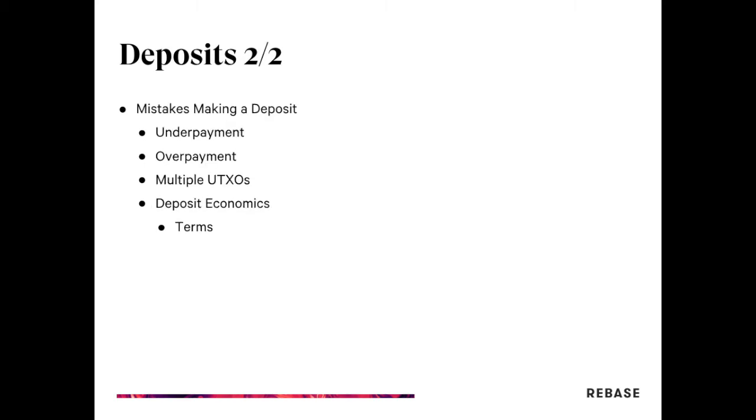So what happens if you make a mistake when you're making a deposit? Basically, the protocol can't handle the case where either too much or too little Bitcoin is deposited. So depositors really need to send exactly the right amount, or they could lose their money.